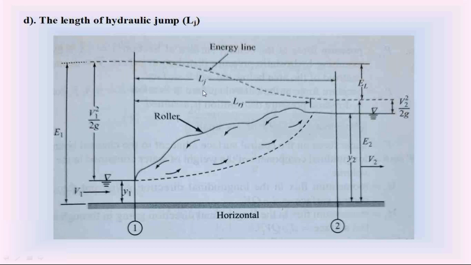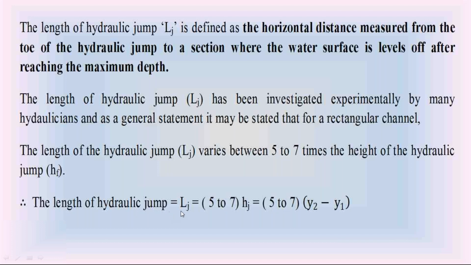The length of the hydraulic jump Lj is equal to 5 to 7 times the height of the hydraulic jump Hj. So check this carefully. The length of the hydraulic jump Lj is equal to 5 to 7 times the height of the hydraulic jump Hj. This is based on the research conducted by many scientists across the world.